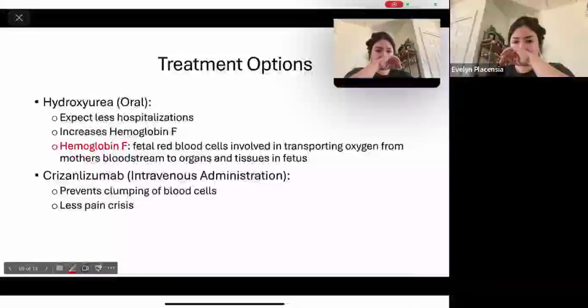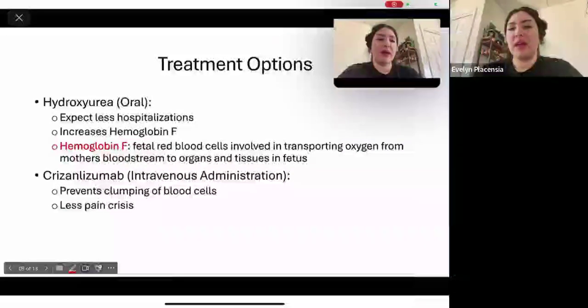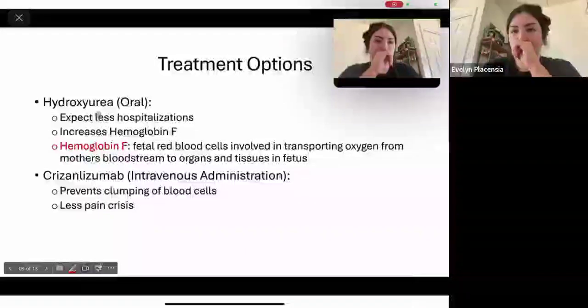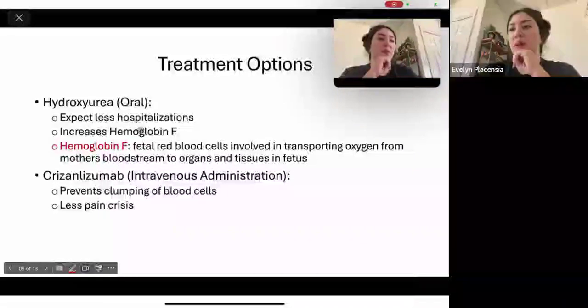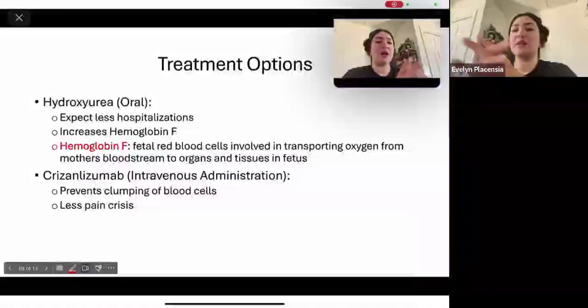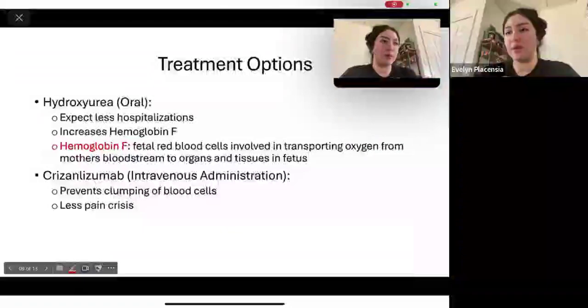This particular medication increases hemoglobin F, and it's helpful to sickle cell patients because of its inhibitory properties.